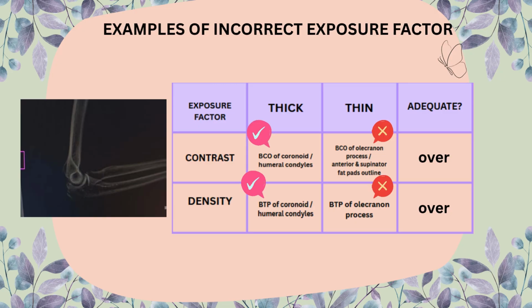However, the exposure factor used is inadequate to visualize both the bony cortical outline of the olecranon process and the bony trabecular pattern of the olecranon process. Also, the anterior and supinator fat pads outline cannot be seen, hence indicating that the image is over-penetrated.